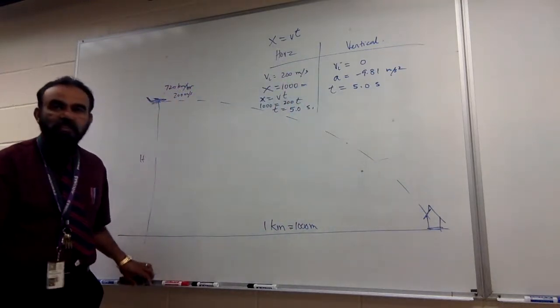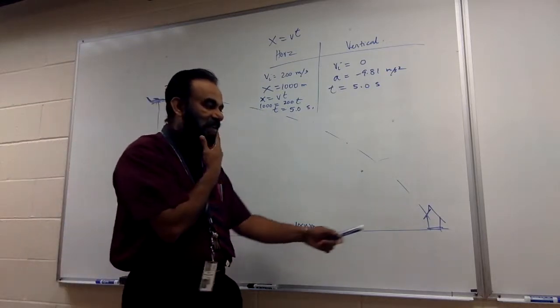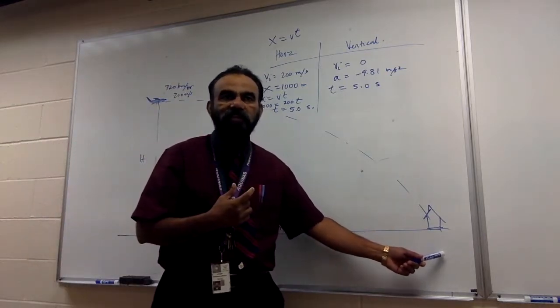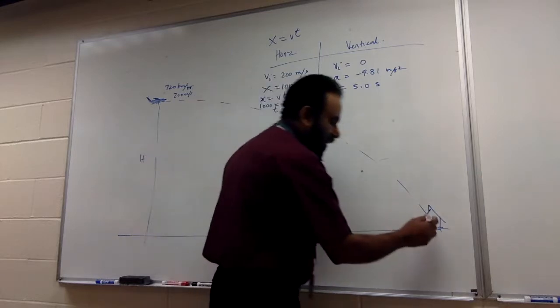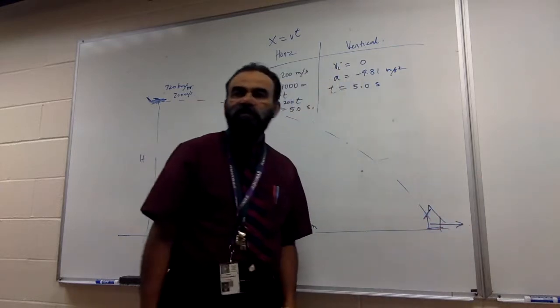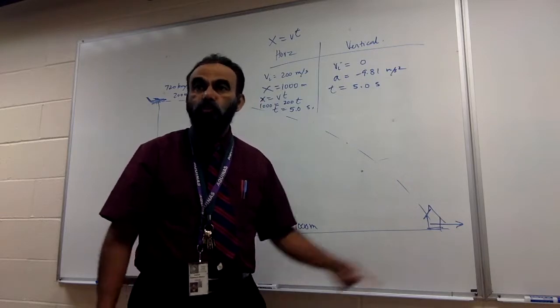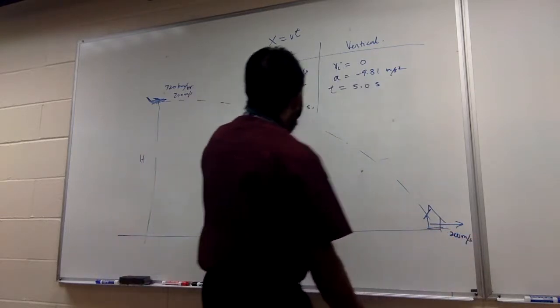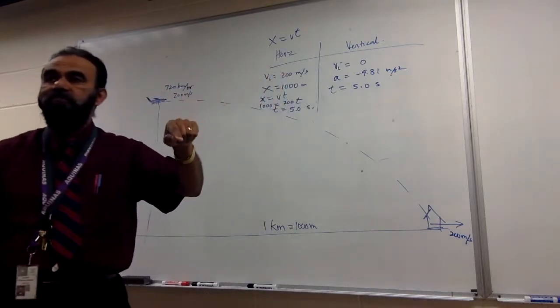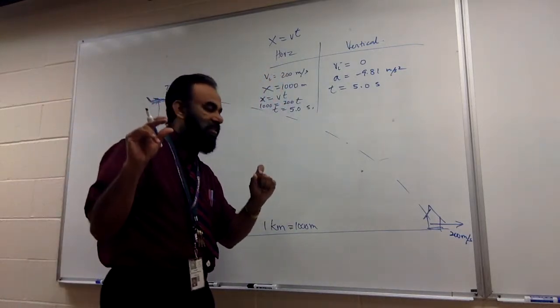But the question is asking you, what is the velocity? Now, what kind of velocity does the bomb have before hitting the target? It has a horizontal component. What is the velocity there? 200 meters per second, because that's a horizontal component that stays the same in the absence of air resistance.